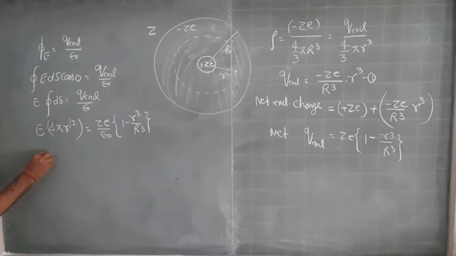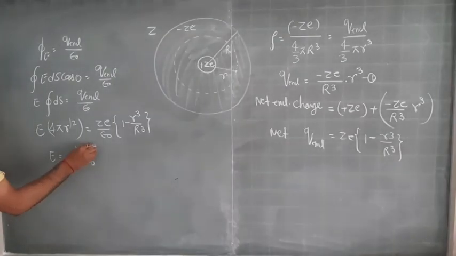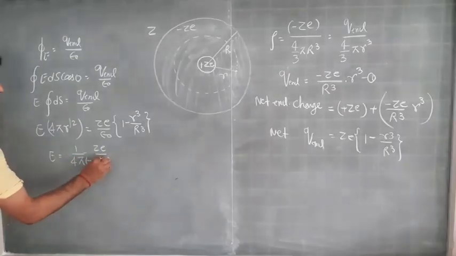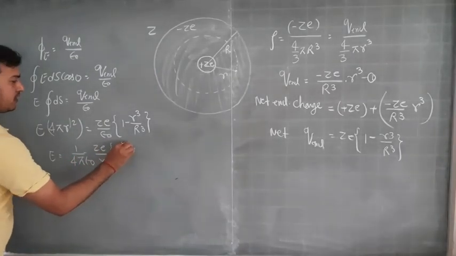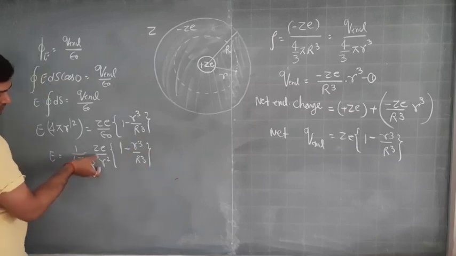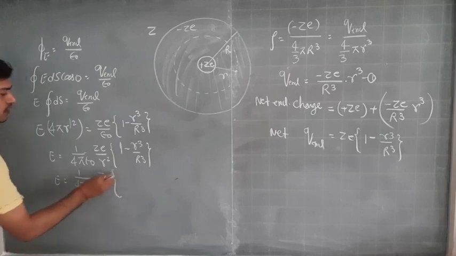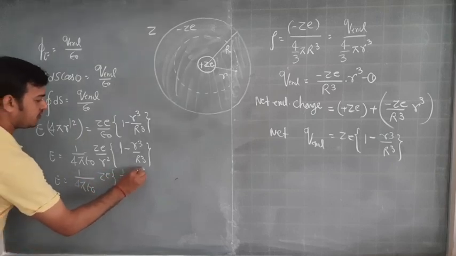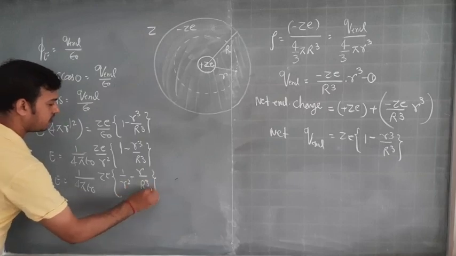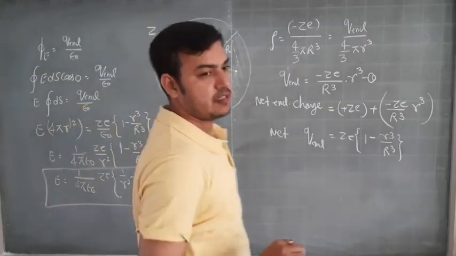Now if you simplify, you will get E equals 1 by 4 pi epsilon naught Ze by r square times 1 minus r cube by R cube, and if I introduce this r square inside the bracket, it will be 1 by 4 pi epsilon naught Ze times the bracket 1 by r square minus r divided by R cube. So this will be the electric field at any point inside this cloud.